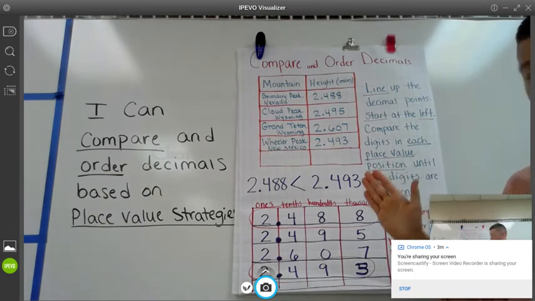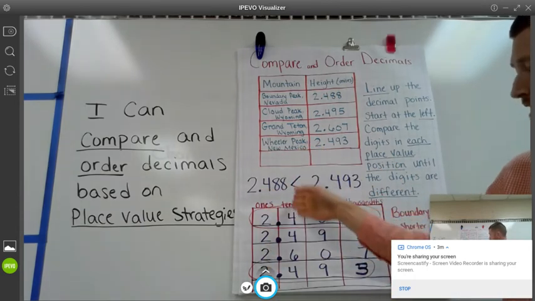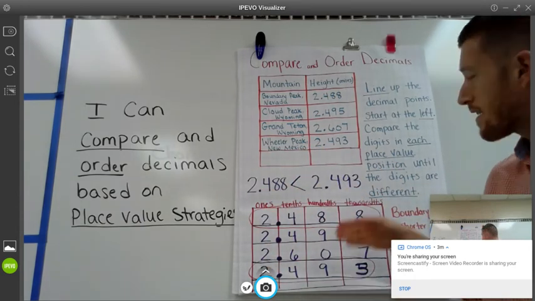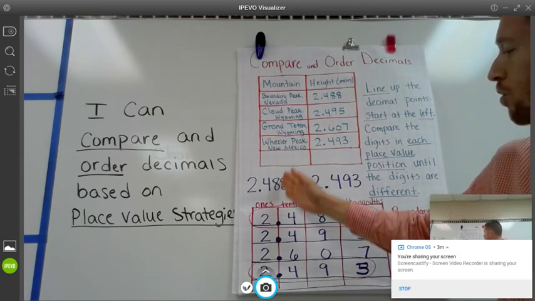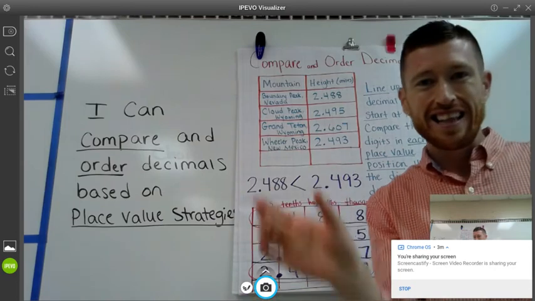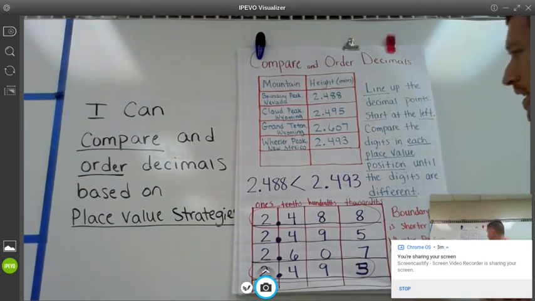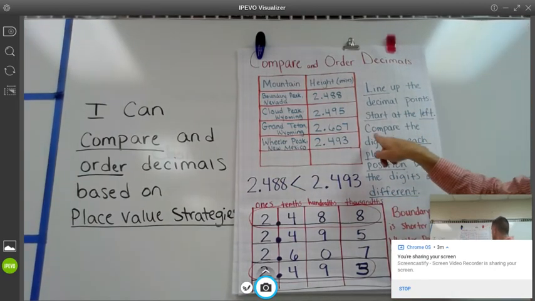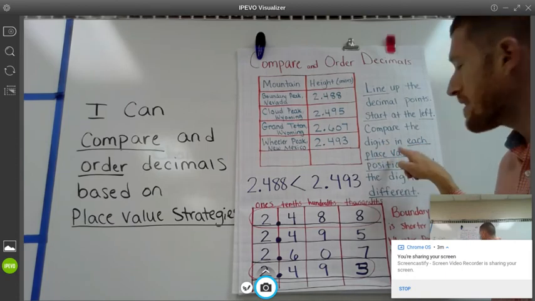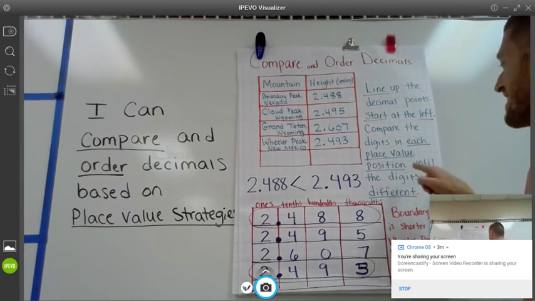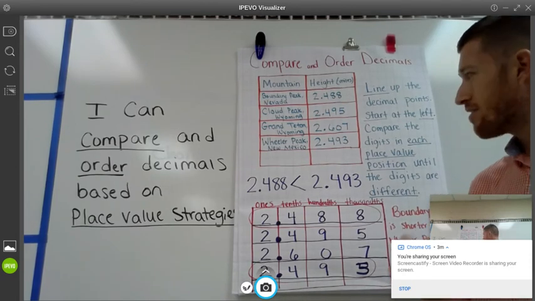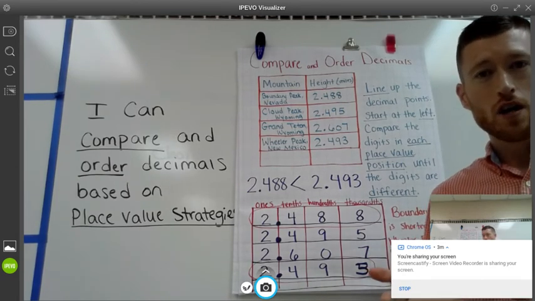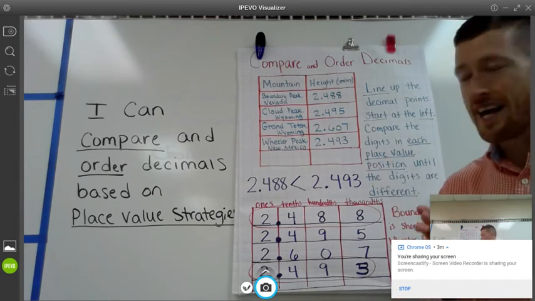All I've done is break it down into the ones place, the tenths place, the hundredths place, and the thousandths place, and I've organized it that way so I can easily line up my digits. So it says, compare the digits in each place value position until the digits are different, and then that's going to tell you which one is greater or which one is less than.